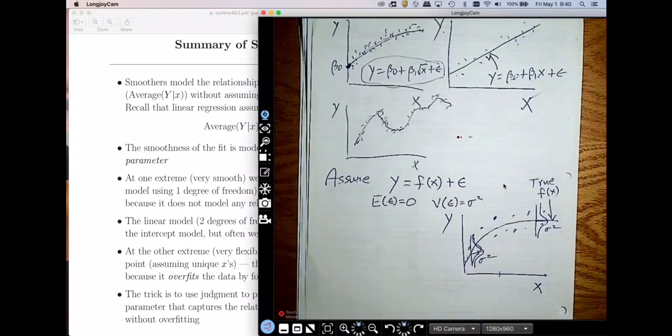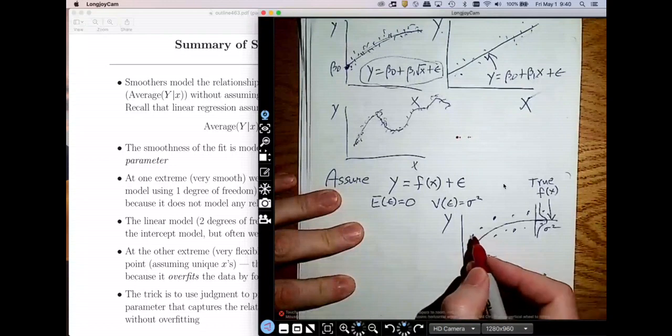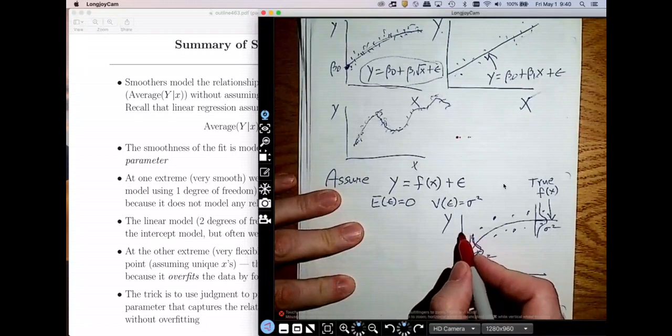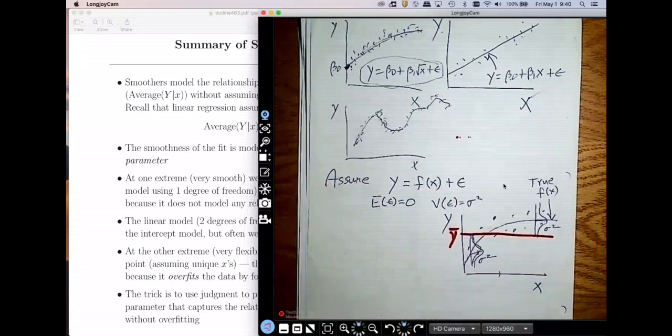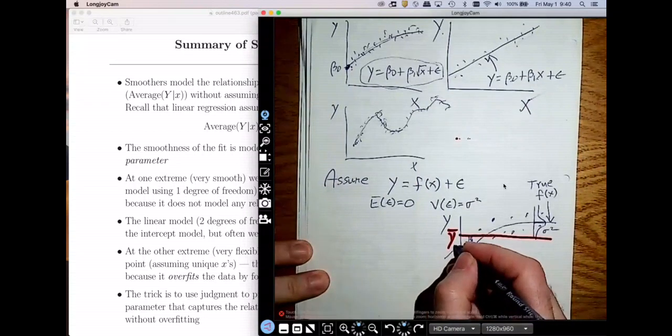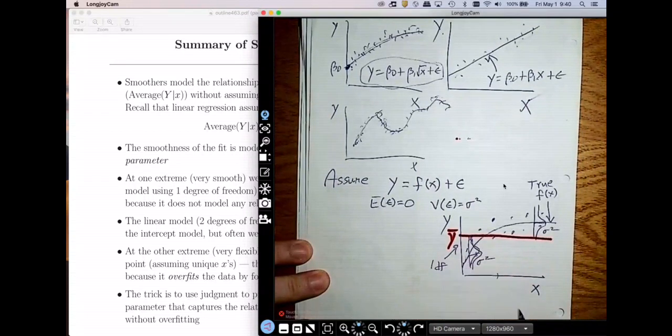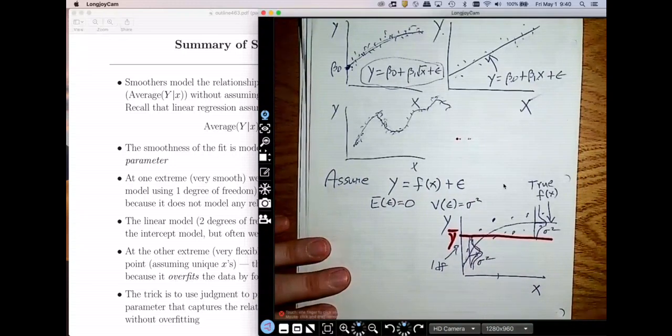So if I turn my dial all the way to the left, I'm going to get a function that is way too rigid. Actually the value there would be y bar. That's the intercept model, and you can think of it as 1 degree of freedom. I've given it just the intercept, go estimate that and be done.